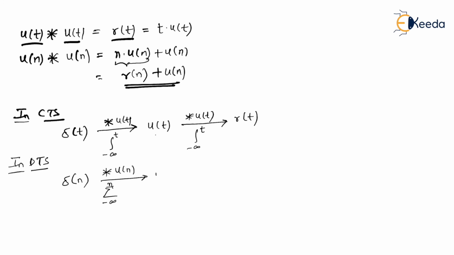In that case, what you get? u of n. And further this u of n, again you try to convolve with another u of n. That is, again if you try to have a summation from minus infinity to n, then you don't get r of n, you get r of n plus u of n. So this is the whole conclusion of a complete session.